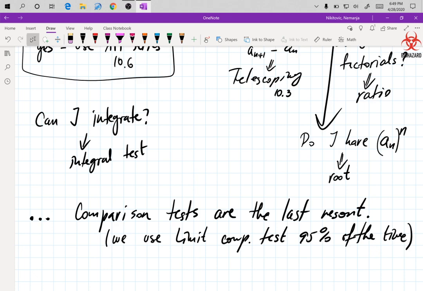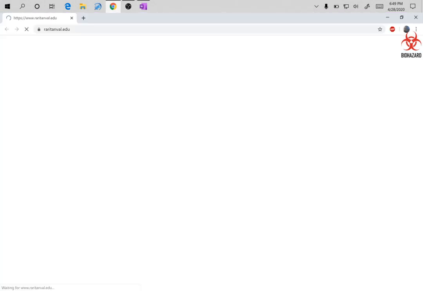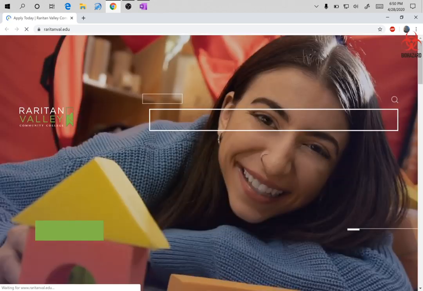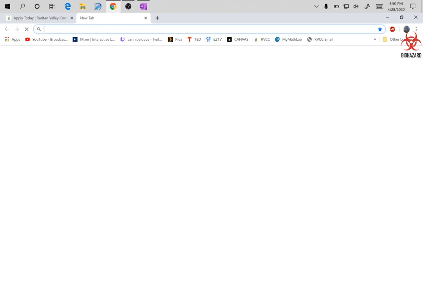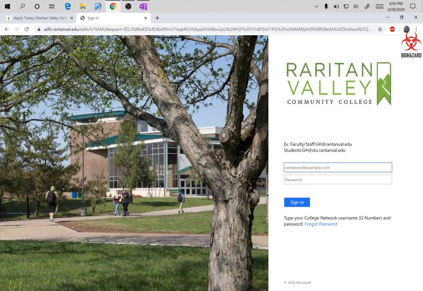Actually, now that I think of it, why don't we just import all of this in here? If I can get Canvas. Oh, come on. Now I have to log in, and I thought that this was already logged in. Hold on. So we can talk.